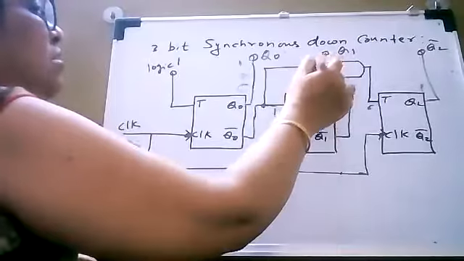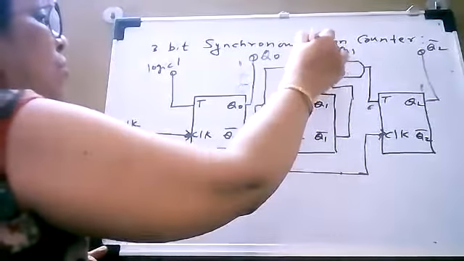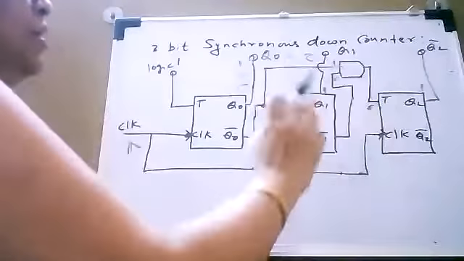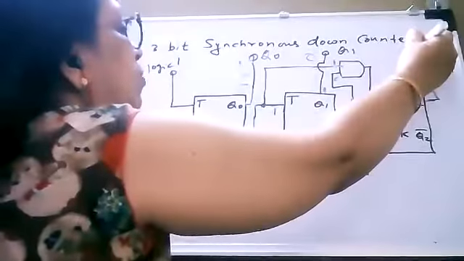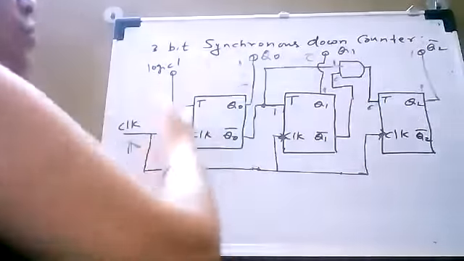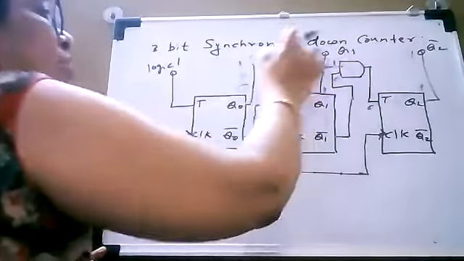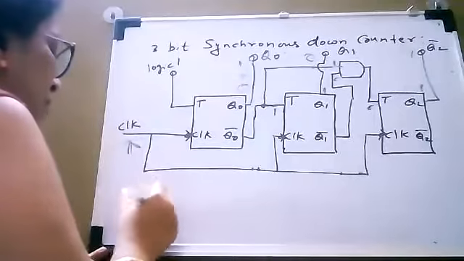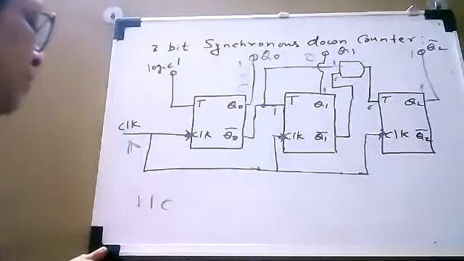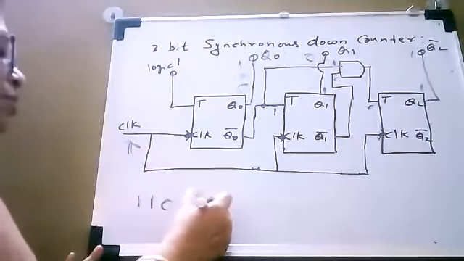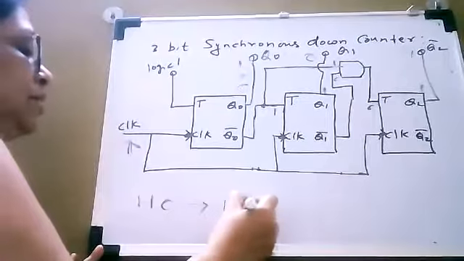The second flip-flop will also change the state from 1 to 0, and the third flip-flop will remain in the same state, which is equal to 1. So if you count from MSB to LSB, it will be 101. So after application of the clock pulse, if your previous data was 110, the next state you are going to get is 101.